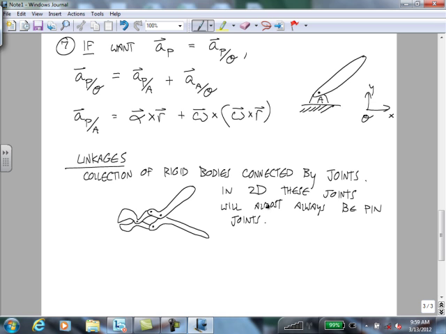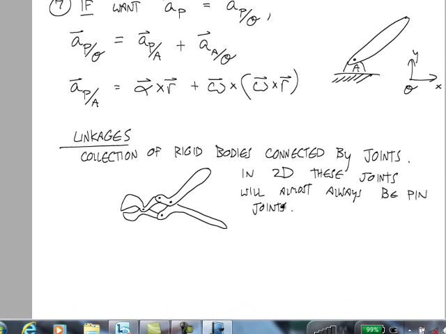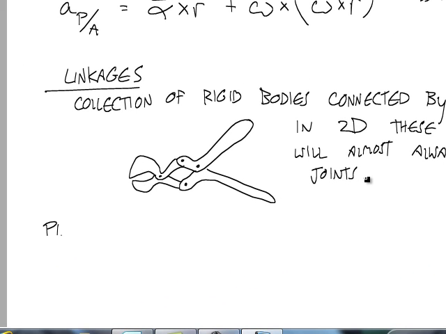And I'll give you a list of the load types provided by a bunch of different joints. But before I go into that, let me just say, so a pin joint, what kind of load does a pin joint apply to a rigid body it's connected to?